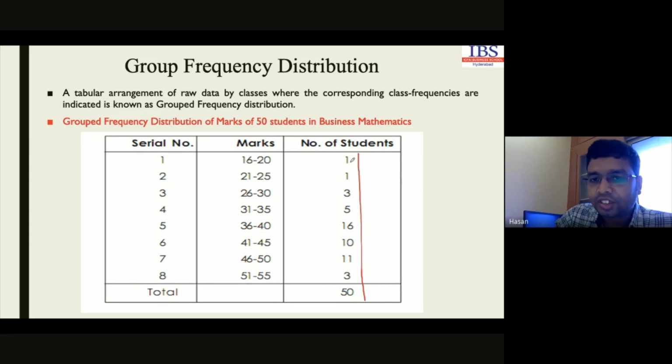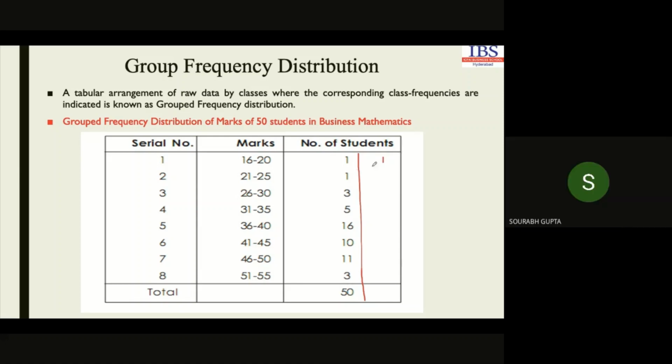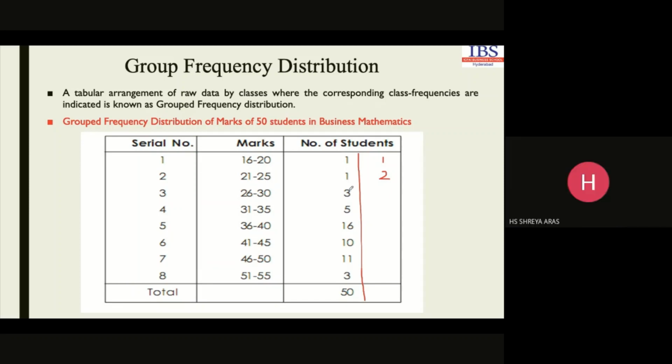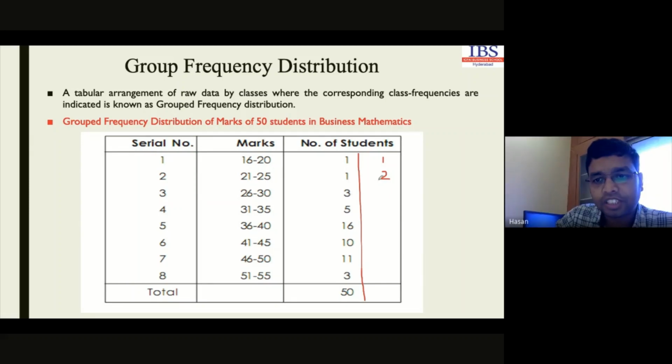For this there is no previous class, so the cumulative frequency will be 1. For the next class, again the frequency of this class plus the cumulative frequency of the previous class. So 1 plus 1 is 2. For the third one, it is 3 plus 2, 5. Then 10.